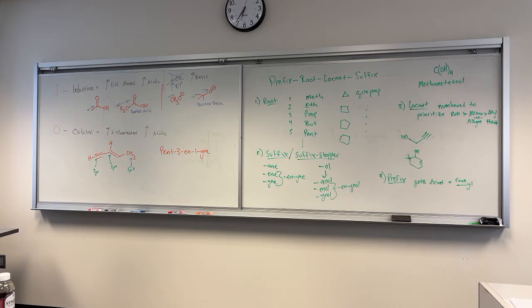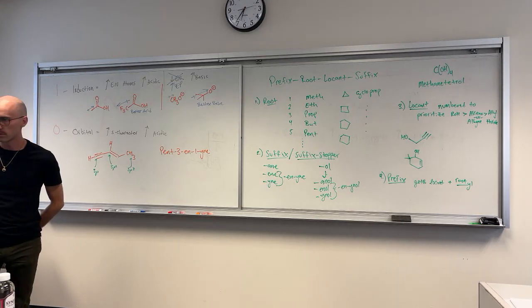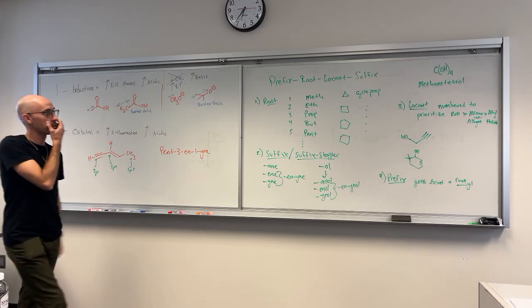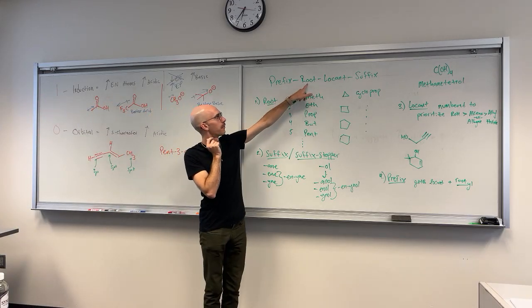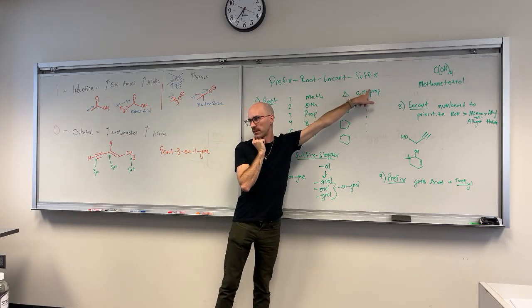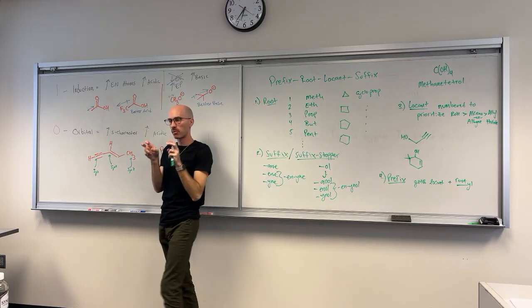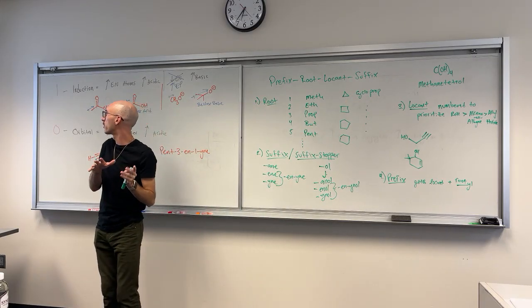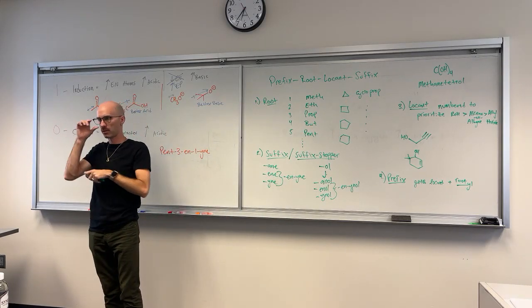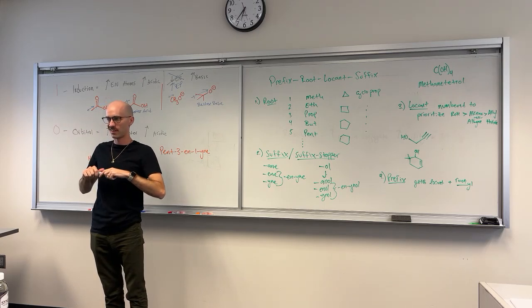Placement of the alcohol, which means it needs to go before the part of the name that describes the alcohol, between ene and ol. Notice it's like root, locant, suffix. It's actually kind of a privilege that IUPAC gives us to put the locant in front. It's not a guarantee.